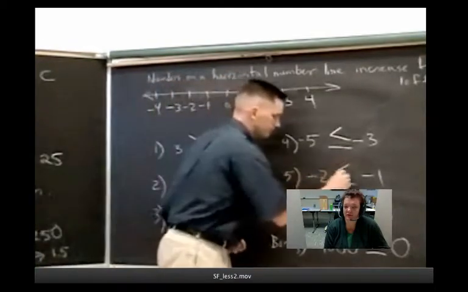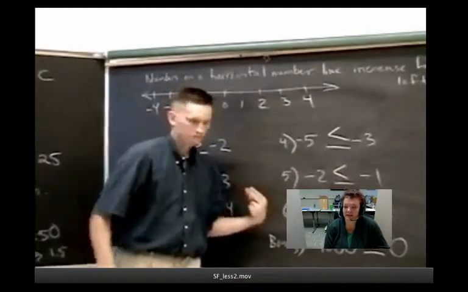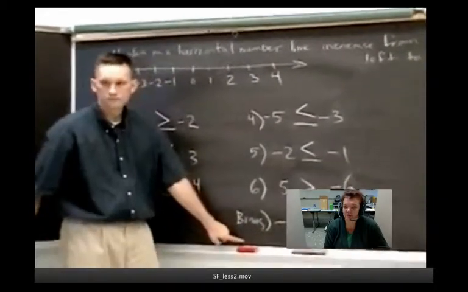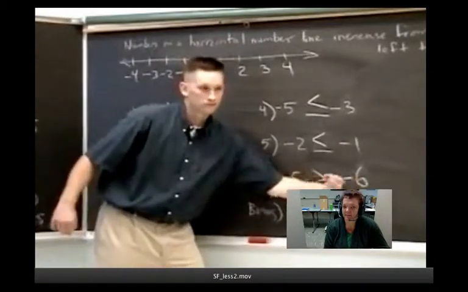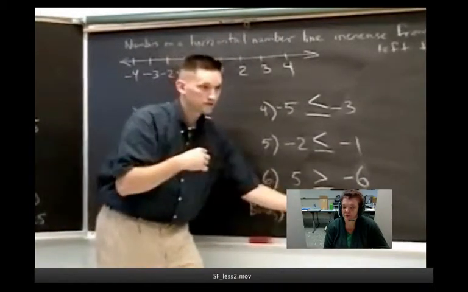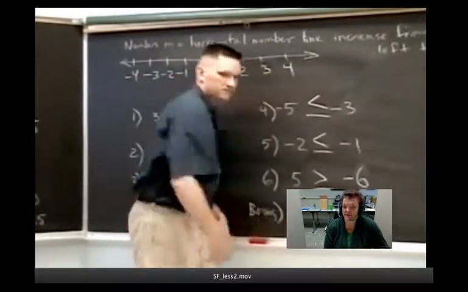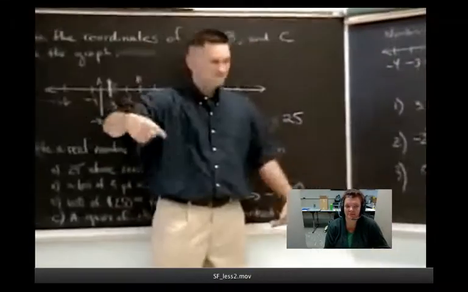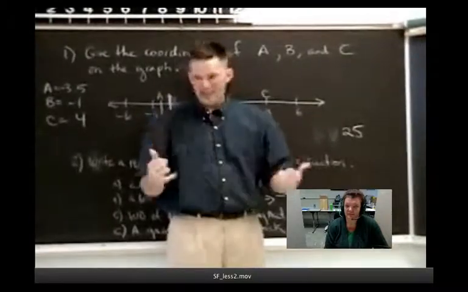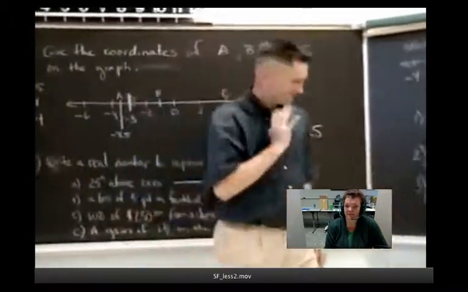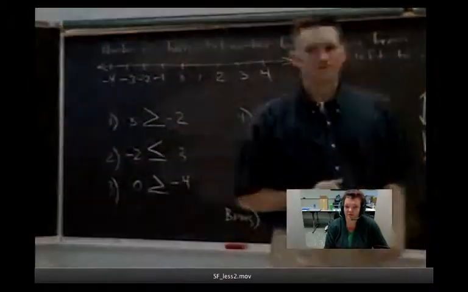How about negative 2, negative 1? Negative 2 is less than. And here, 5 is greater. And this one? Which way? Which one is greater? Yes, 0. That's it. You understand. Awesome. Now you're ready to do your homework. We're all finished.